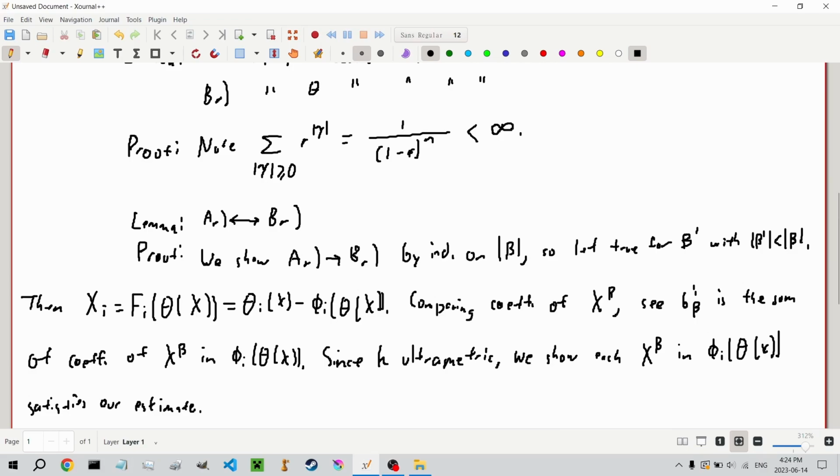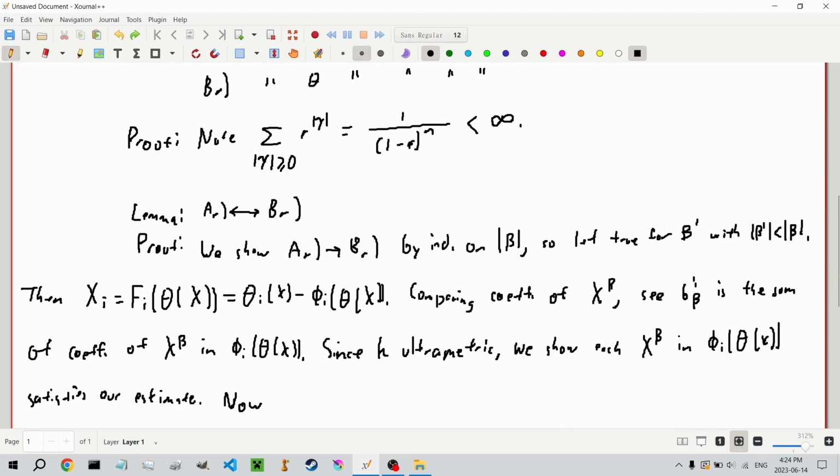Now, we have that phi of theta of x can be written as the sum over alpha having size at least 2 of a to the i sub alpha of theta of x to the alpha.